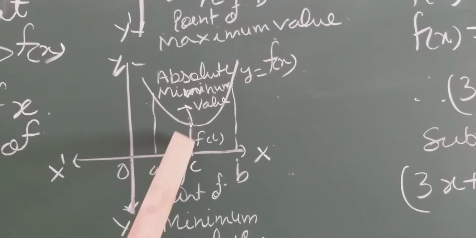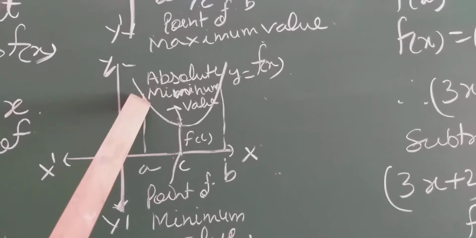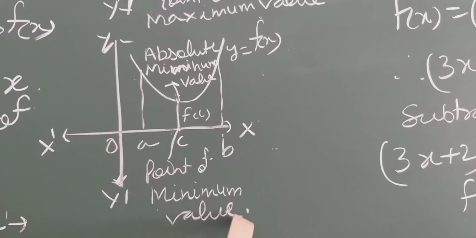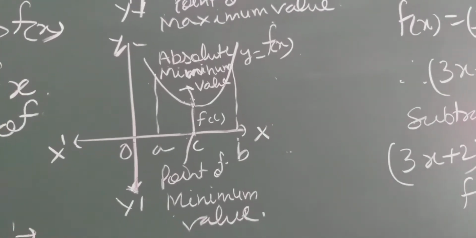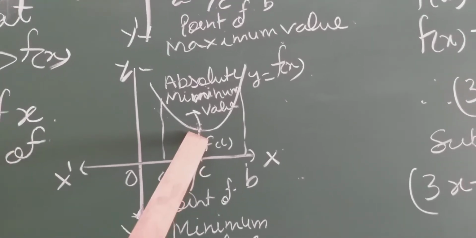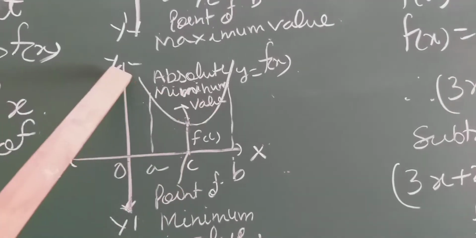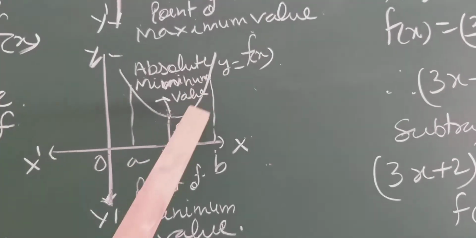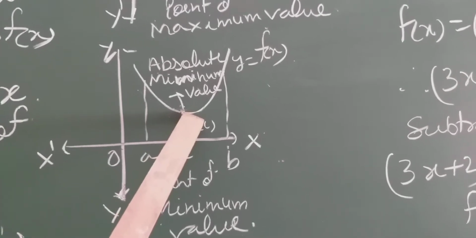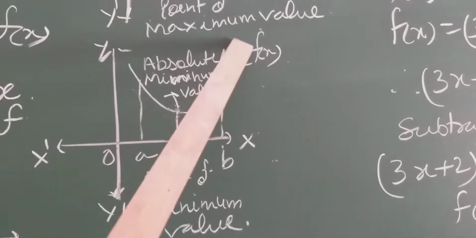Let this point be c, then the value of f(c) is called the absolute minimum value, and point c is called the point of minimum value, because this is the minimum point, or you can say this is the valley. The graph shows a valley, so this is the minimum point. That's why this point shows minimum value. So at this point the value of the function will be minimum.